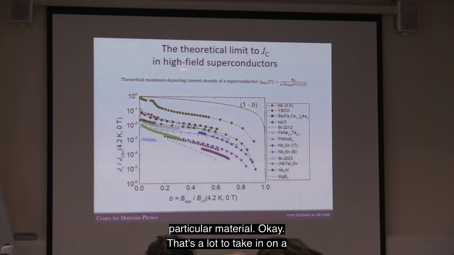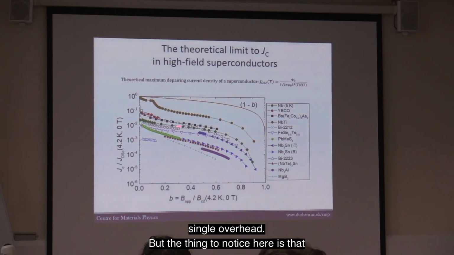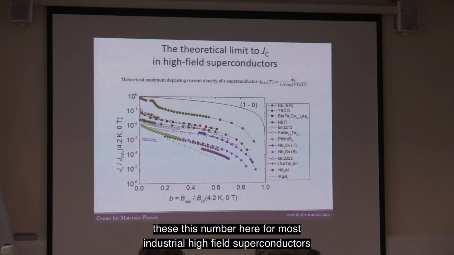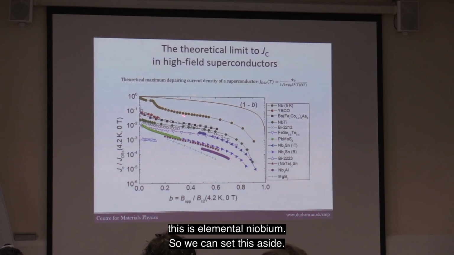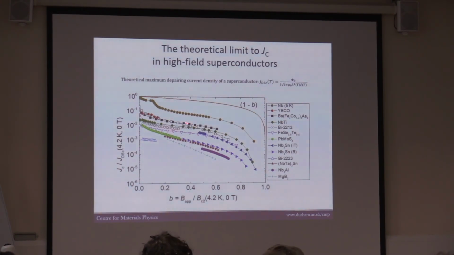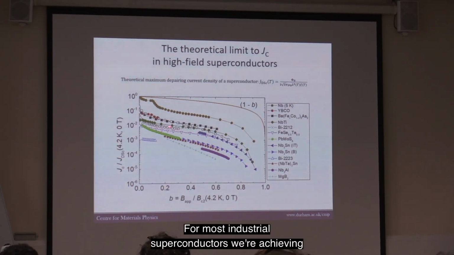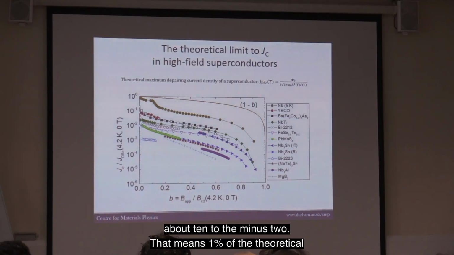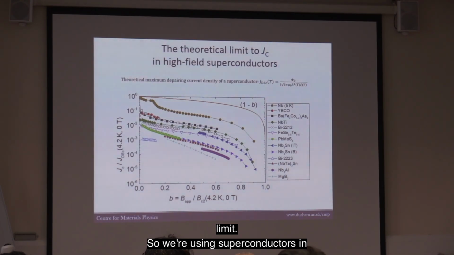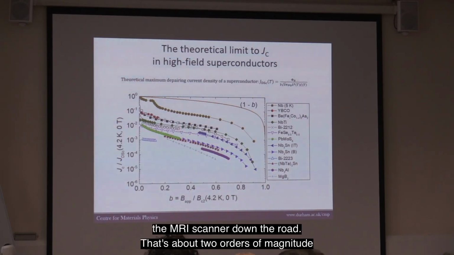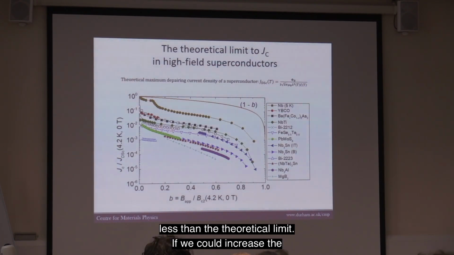That's a lot to take in on a single overhead, but the thing to notice is that for most industrial high field superconductors, this is elemental niobium, so we can set this aside, we're achieving about 10 to the minus 2, that means 1% of the theoretical limit. So we're using superconductors in the MRI scanner down the road at a critical current density that's about 2 orders of magnitude less than the theoretical limit.